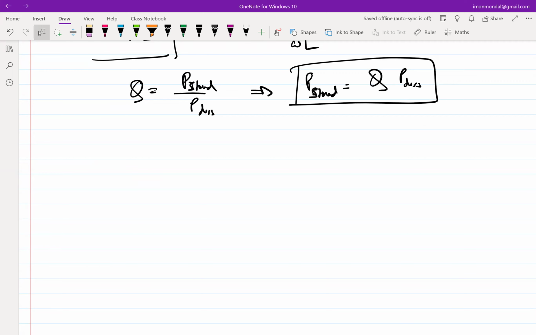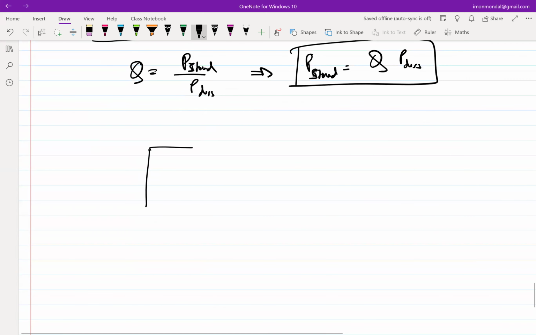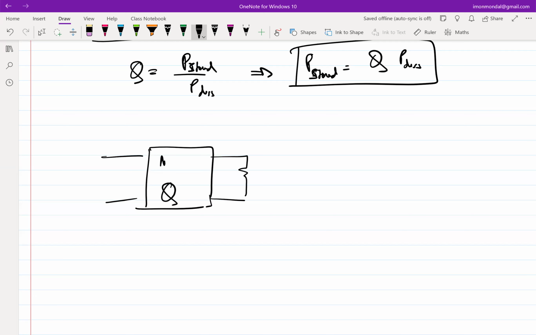Right? So let's say I have a matching network which has some Q. Network Q, not the component Q. I have a network Q. And I have P in, and this is P out, right?